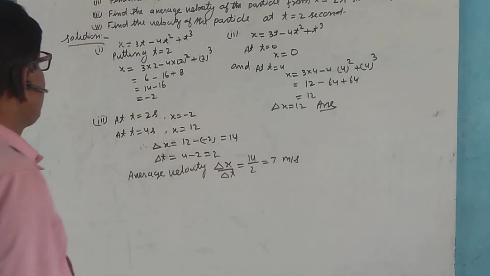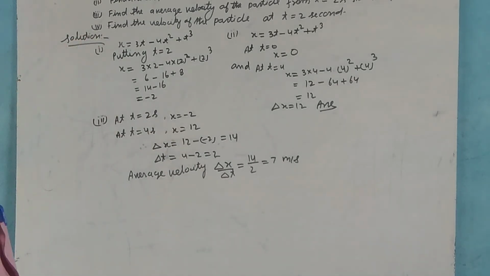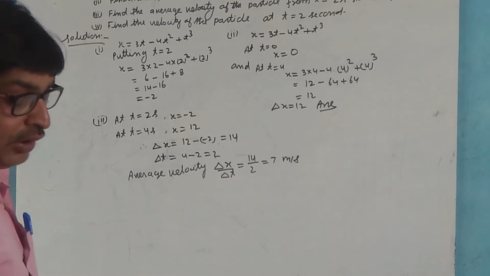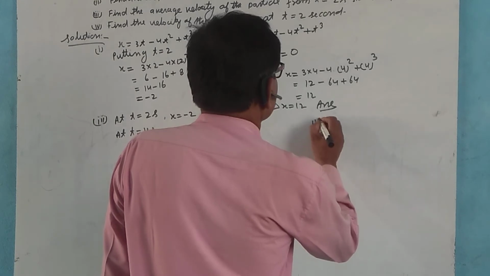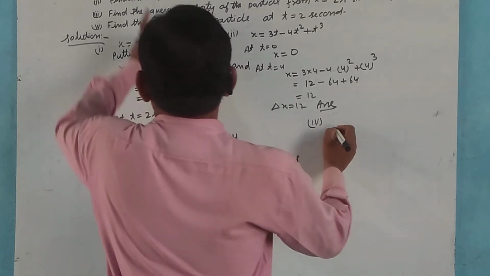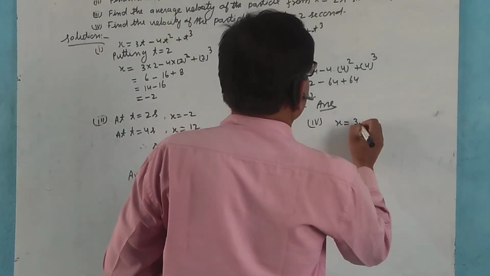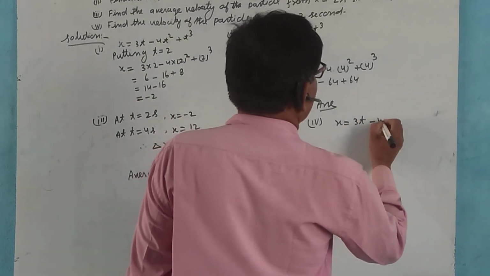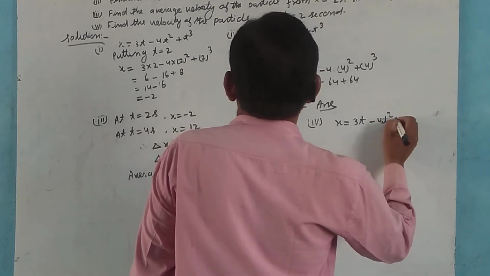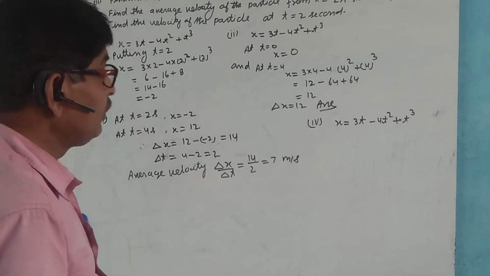Now, question number here, fourth part. Find the velocity of the particle at t equal to 2 seconds. As you know, here x is equal to 3t minus 4t square plus t cube.